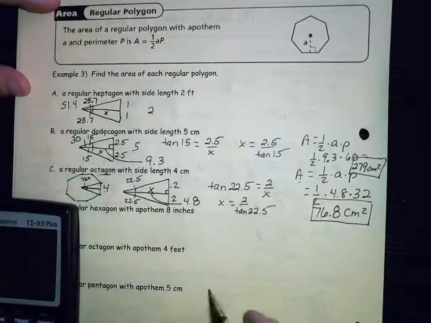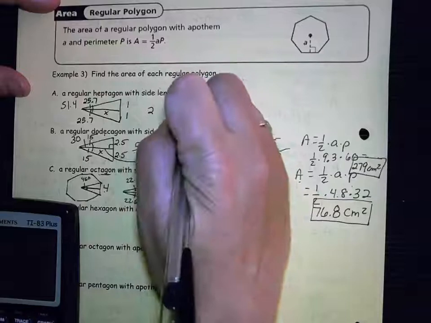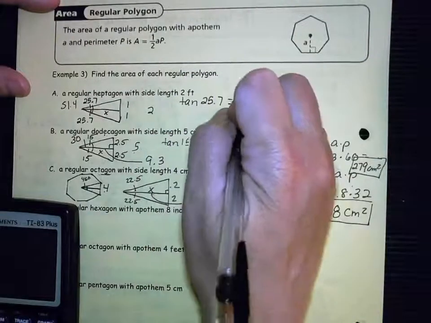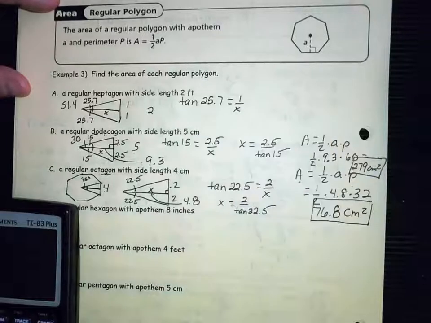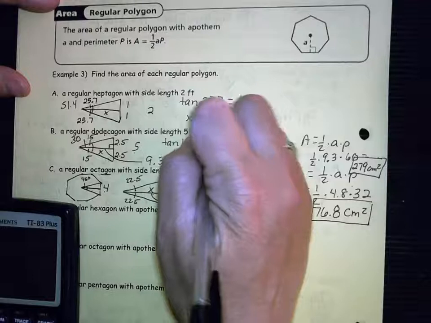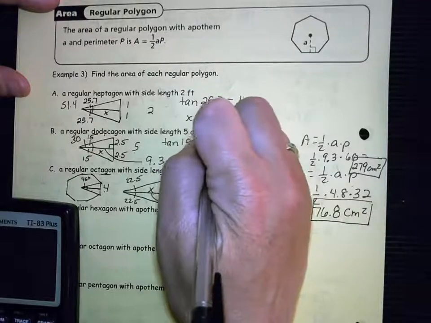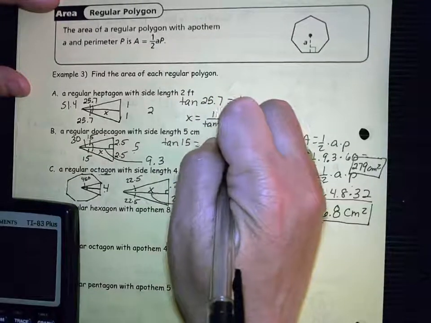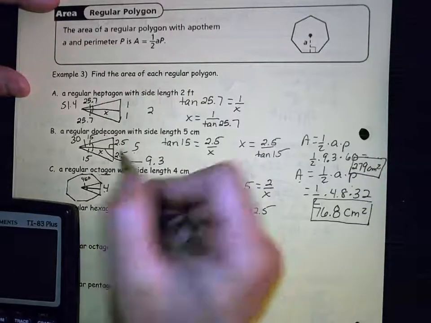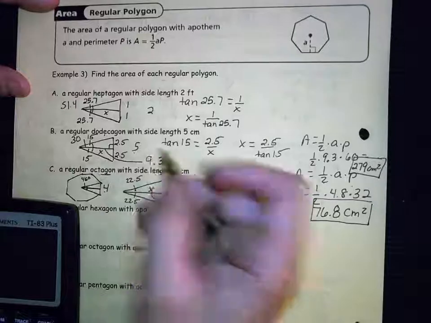To find the apothem, we are going to say the tangent of 25.7 equals 1 over x. You can switch that around and you will have 1 divided by the tangent of 25.7, which is right about, well, let's call it 2.1.